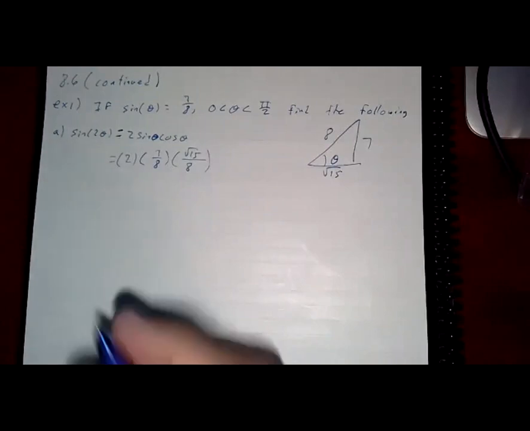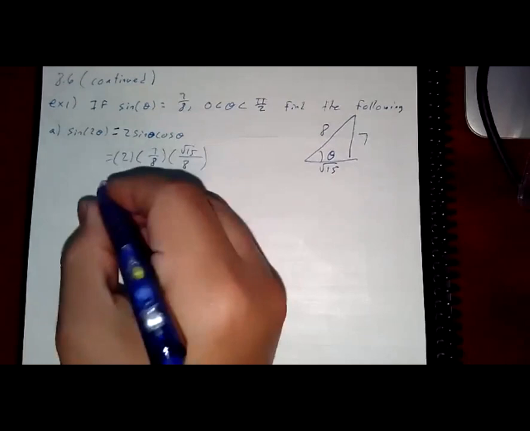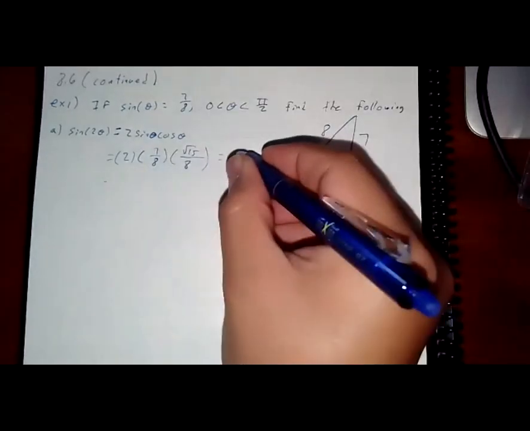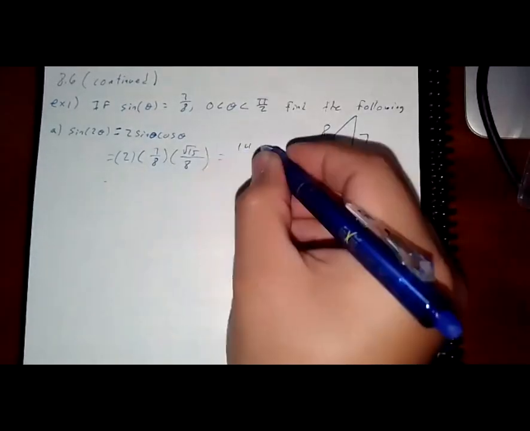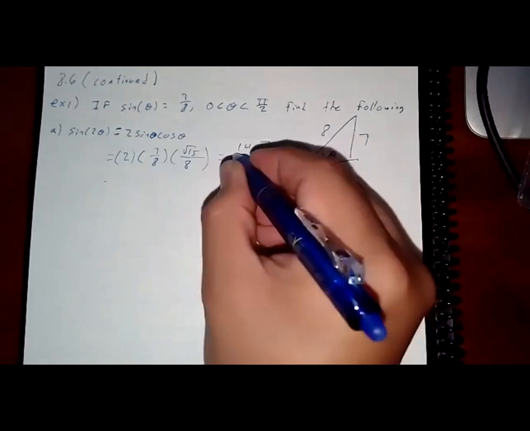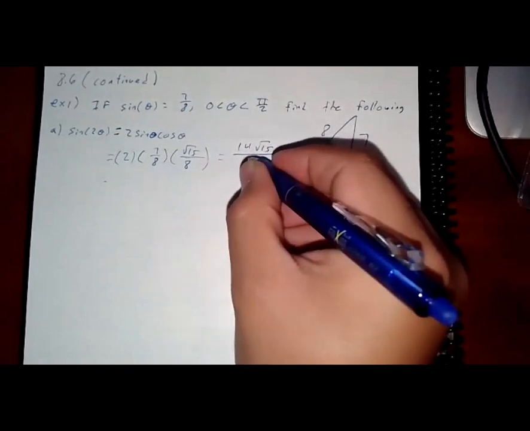This is just multiply together and we're done, right? 2 times 7 is 14 times root 15 over 8 times 8.